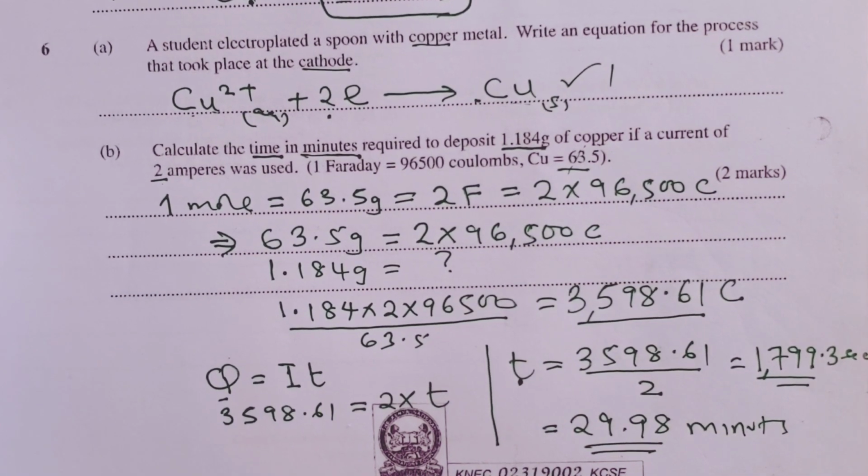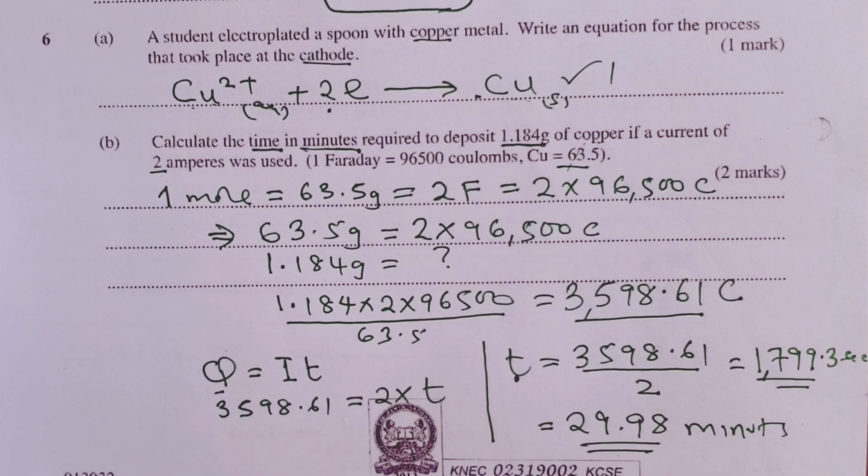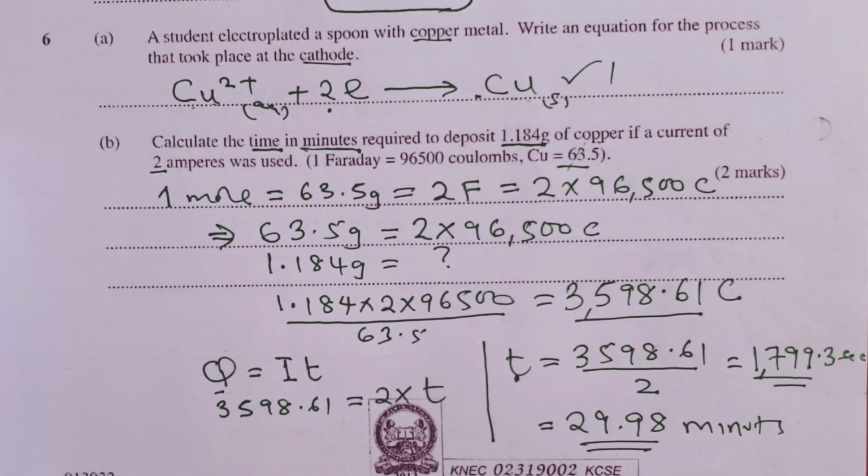Quite easy for a candidate who understands Faraday's law. But again, we are here to simplify these, and we believe it has been useful for those who are following us. Let's then proceed to the year 2014, where electrochemistry was tested again in question number 5.